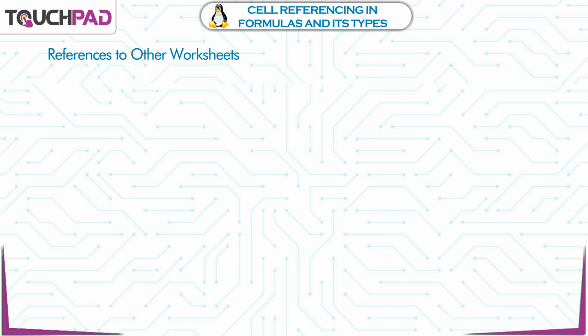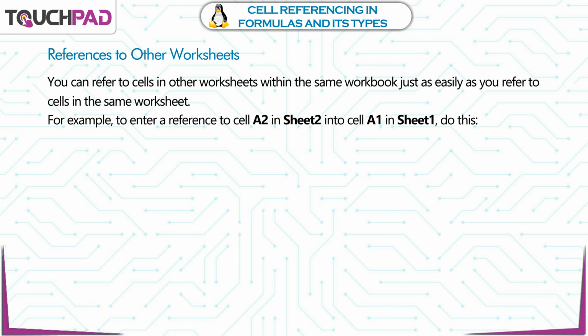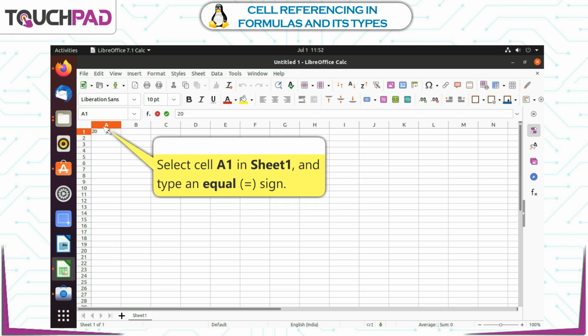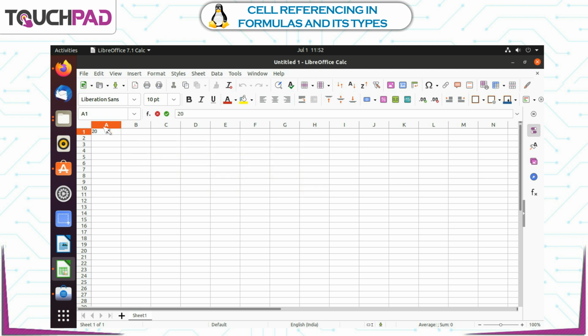References to other worksheets. You can refer to cells in other worksheets within the same workbook just as easily as you refer to cells in the same worksheet. For example, to enter a reference to cell A2 in sheet 2 into cell A1 in sheet 1, do this. Select cell A1 in sheet 1 and type an equal sign.